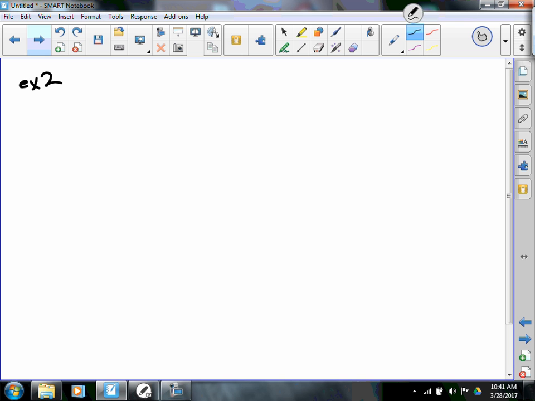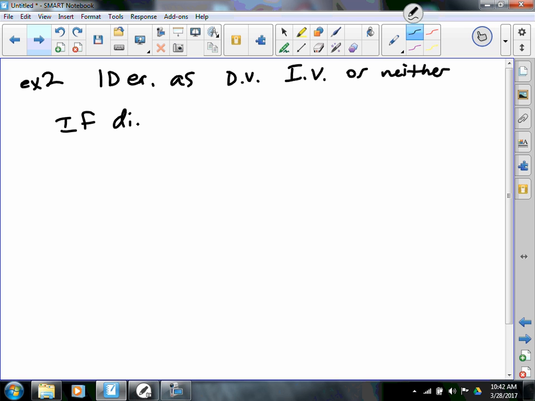Example number 2. Identify each as direct variation, inverse variation, or neither. If direct or inverse, write the equation and identify the constant of variation.